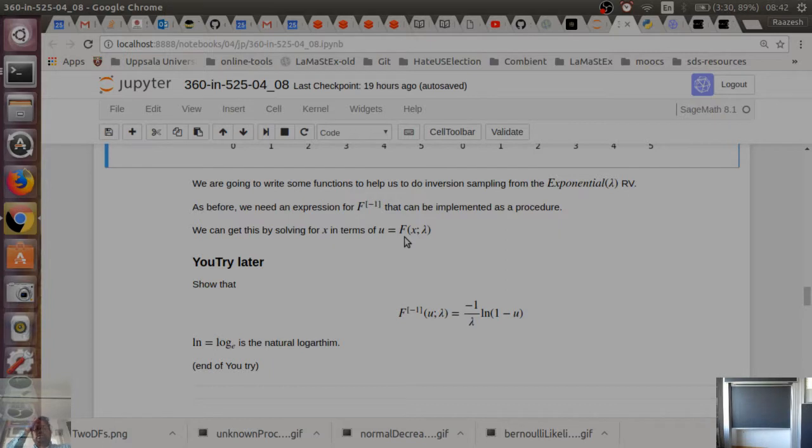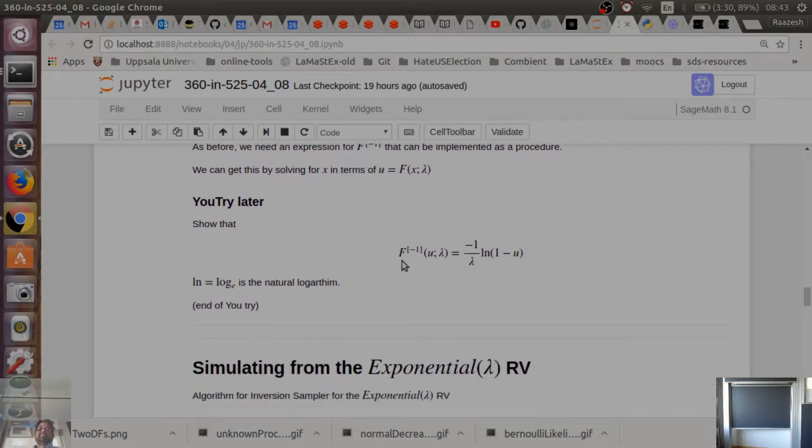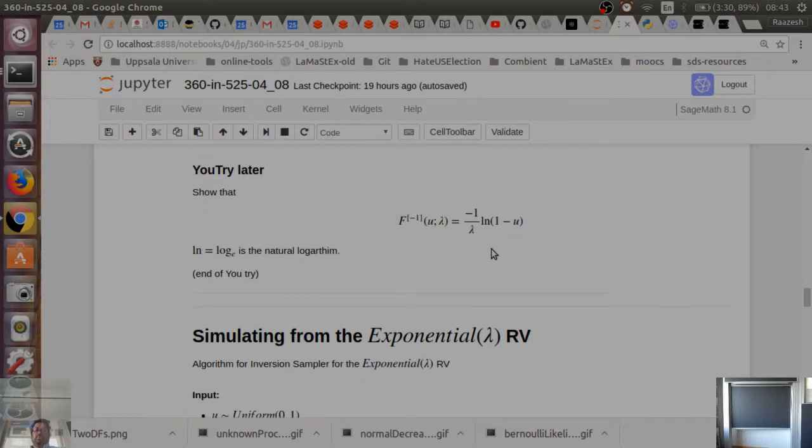So you solve for x in terms of u, and then you get an expression involving only u on the right. Then when you plug in a uniform sample, voila, you get a sample from the random variable's distribution function F. For us, it's minus 1 over lambda times the natural logarithm of 1 minus u.